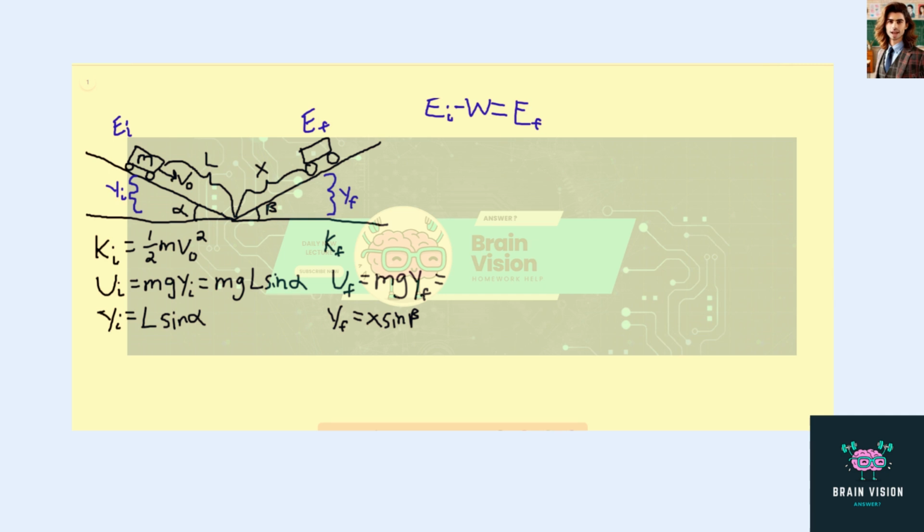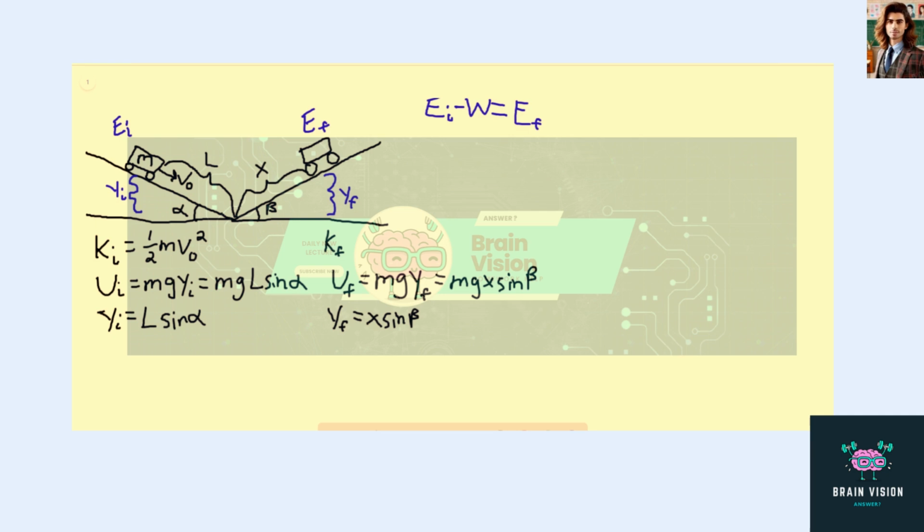And that potential energy term will be, making our substitution now, mg times x times the sine of beta.